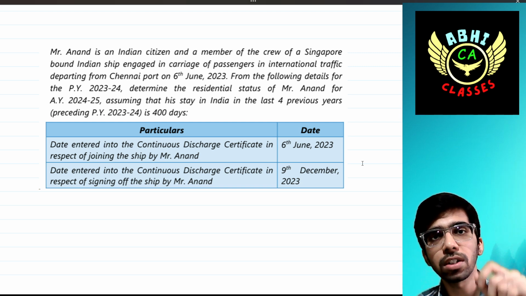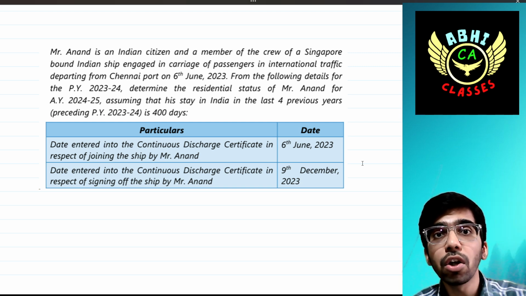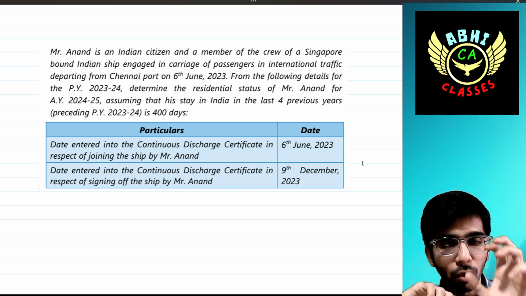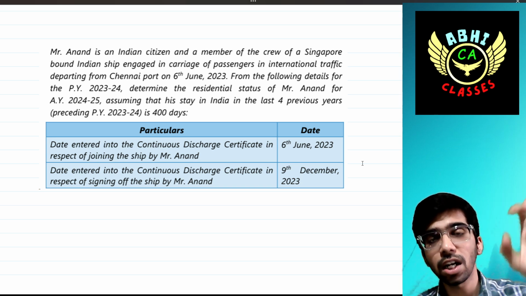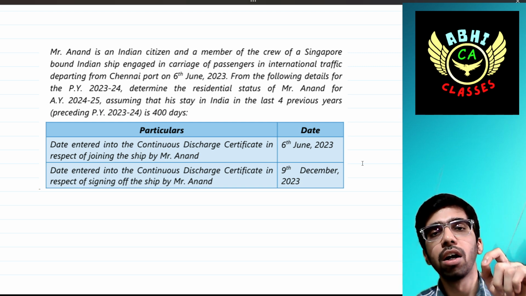That is irrelevant, because he is an Indian citizen serving as crew member of an Indian ship, so we should see only the first condition. If he satisfies basic condition number 1, then he will be treated as resident and ordinarily resident.